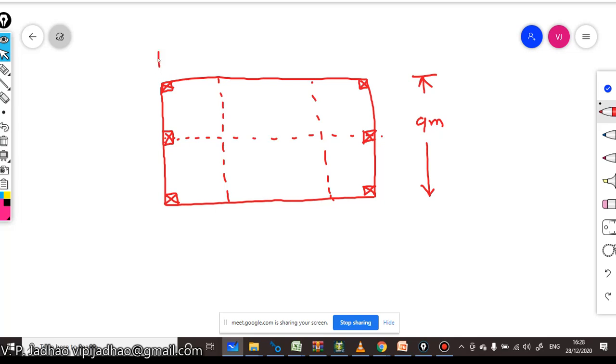Let us consider this span is 16 meters. We will again divide this span proportionately so that the depth of the beam is within permissible limits. So we provide one column here.